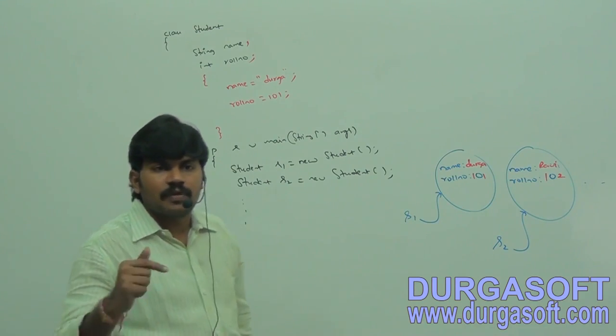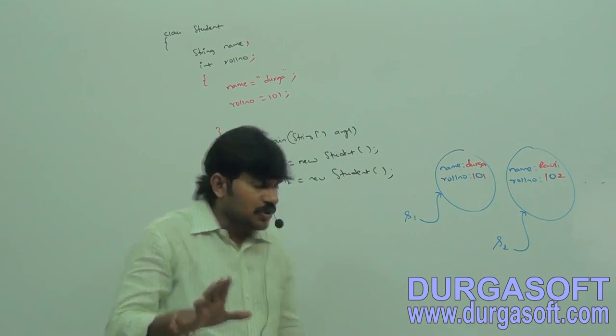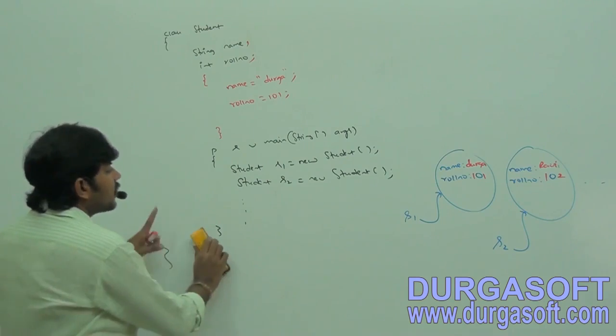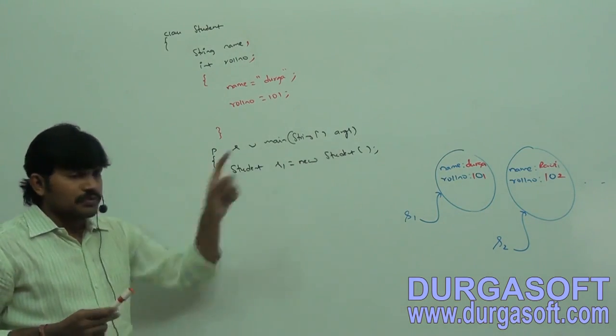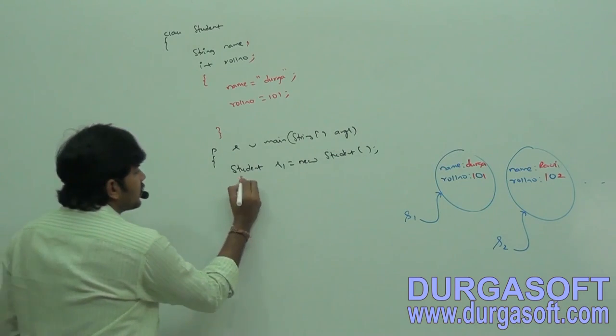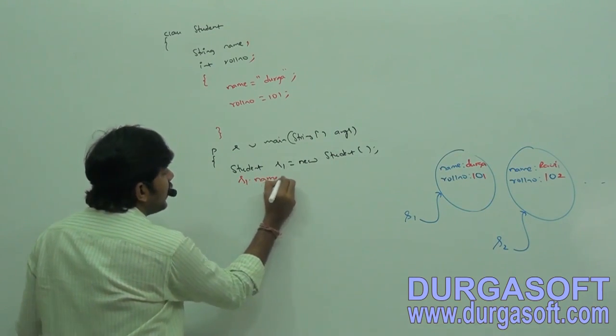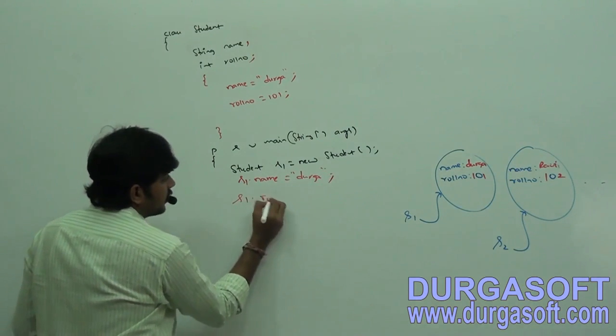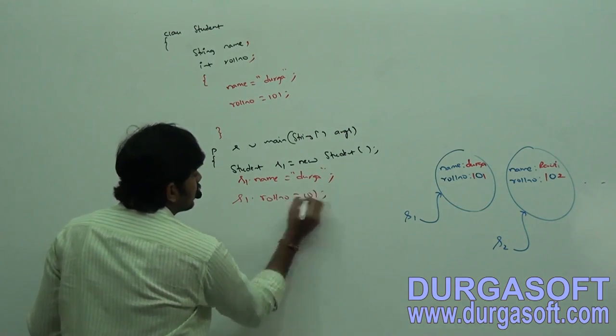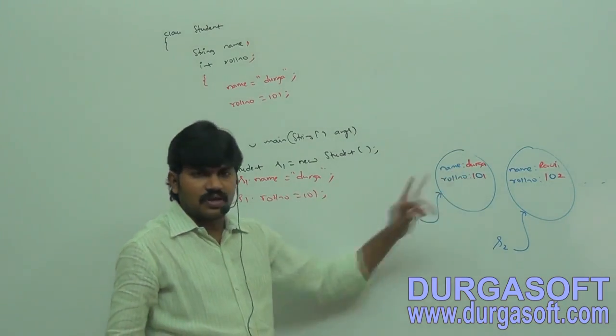Sir, where do we have to perform initialization? What is the approach? Observe, there is another solution I will suggest. Student s1 = new Student(). Now s1.name = "Durga" and s1.rollNumber = 101. Sir, Durga, 101.